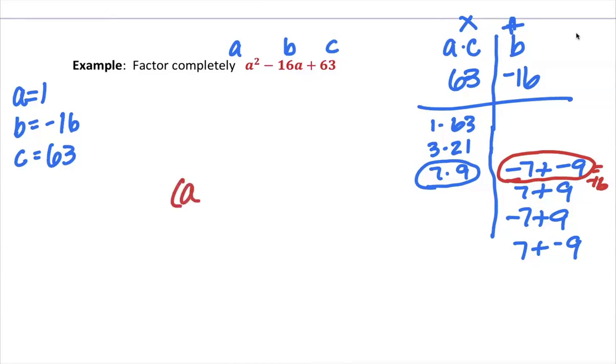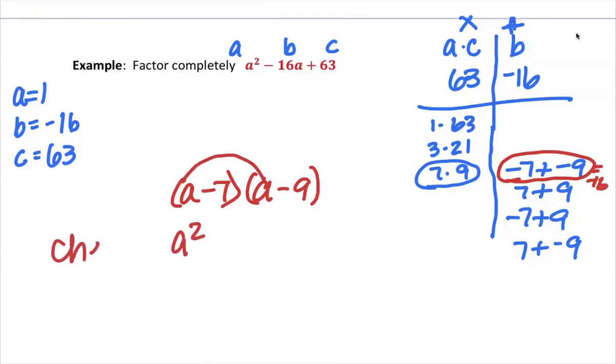So we're going to come back over here and make one factor a minus 7, a minus 9. And that's it, but we're going to double check. So a times a is a squared. This is us checking. A times negative 9 is minus 9a. Negative 7 times a is minus 7a.